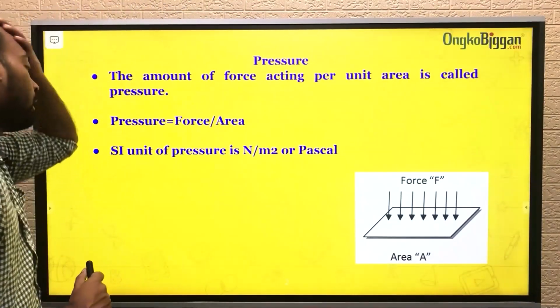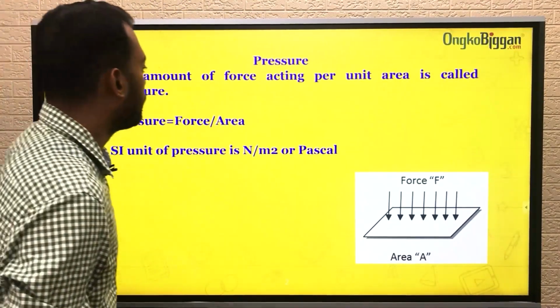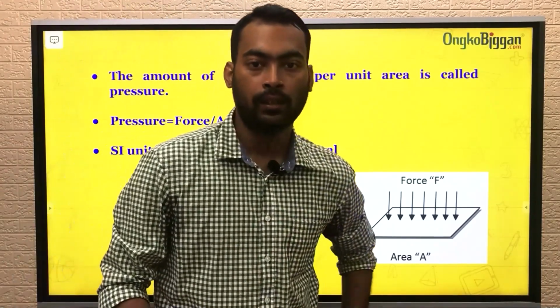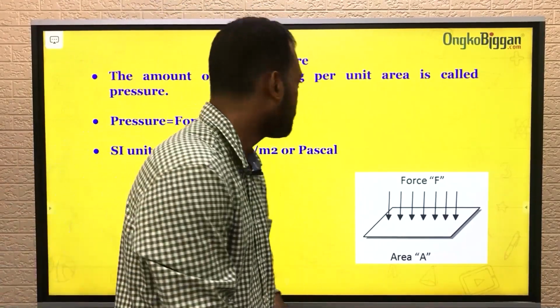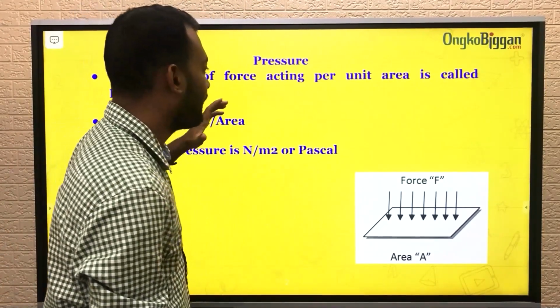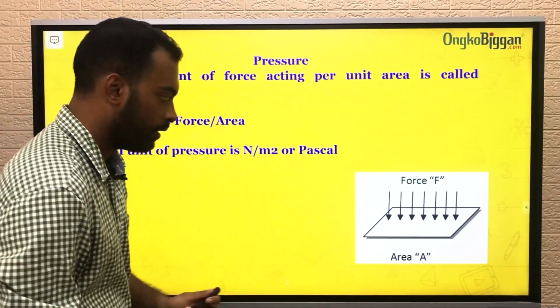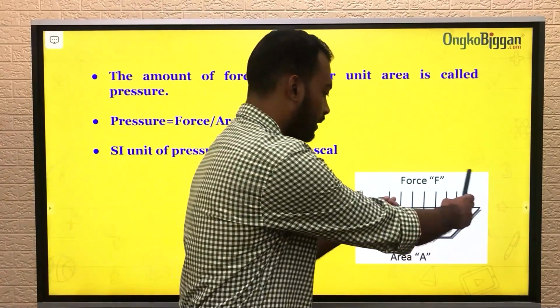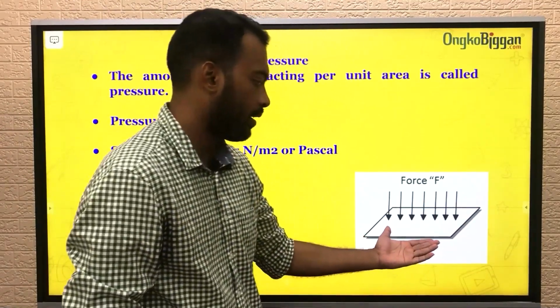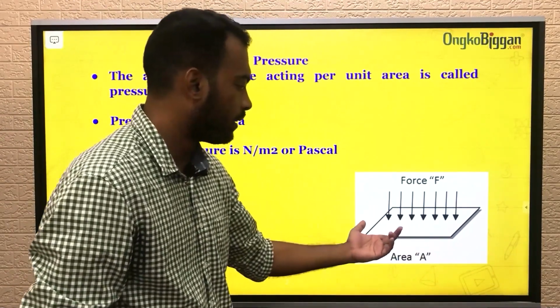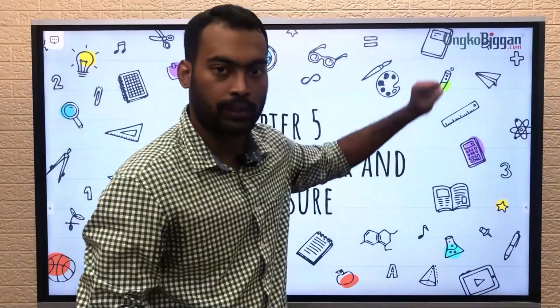First of all, the definition of pressure in terms of physics is the amount of force acting per unit area. What does it mean? Suppose this is a surface area. You are exerting some force on it.